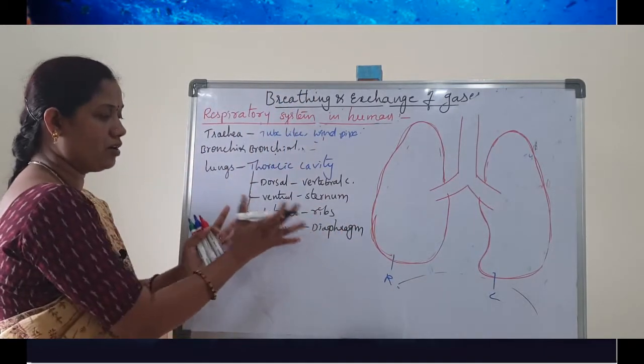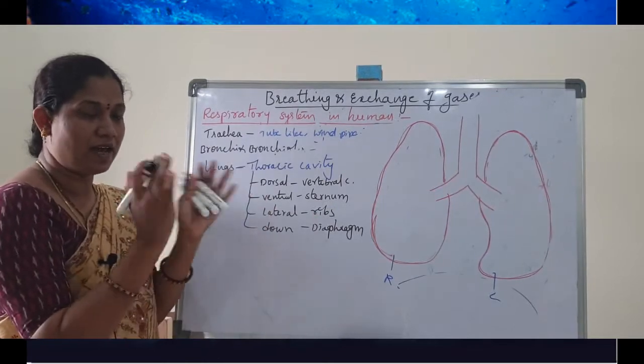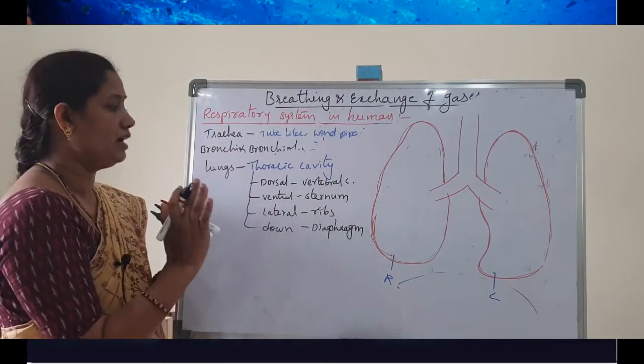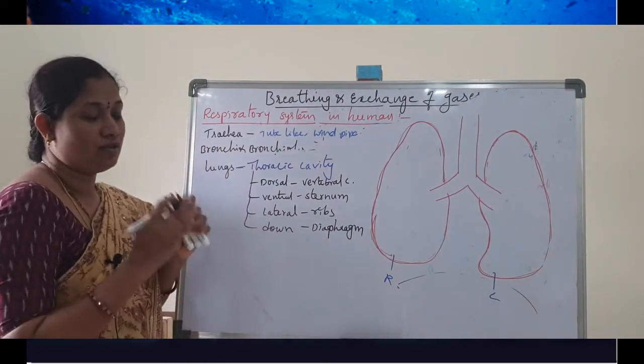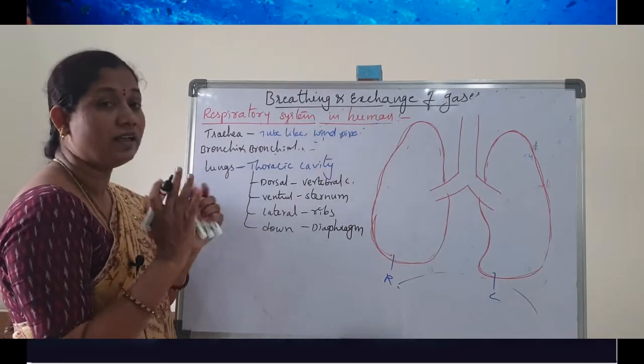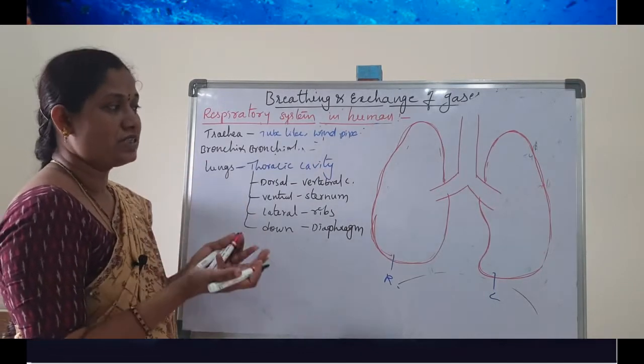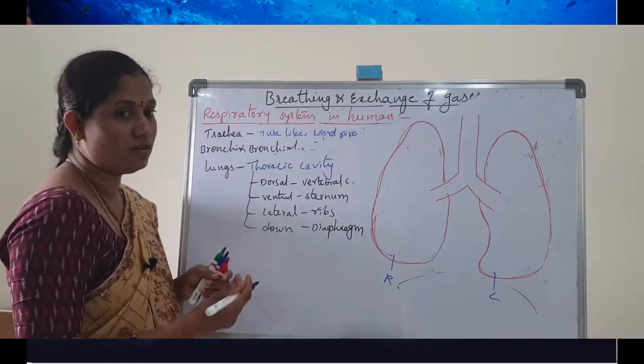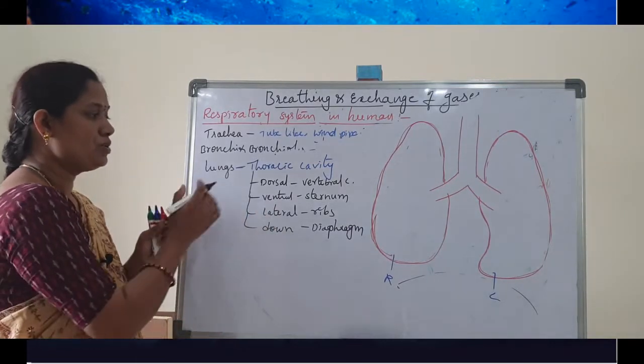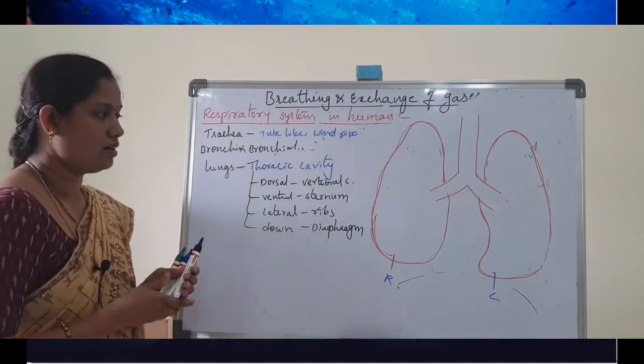These parts together form a cavity-like structure called the thoracic cavity. In this cavity the lungs are protected, and it also helps in the respiration process.